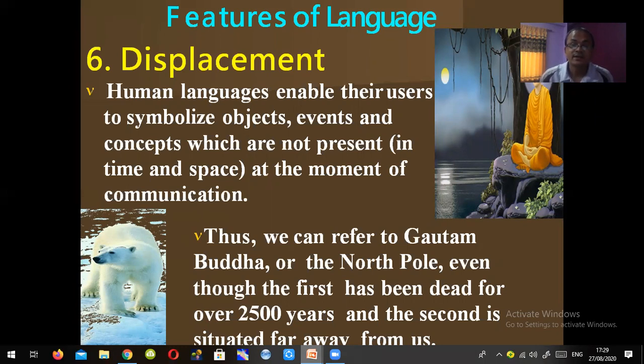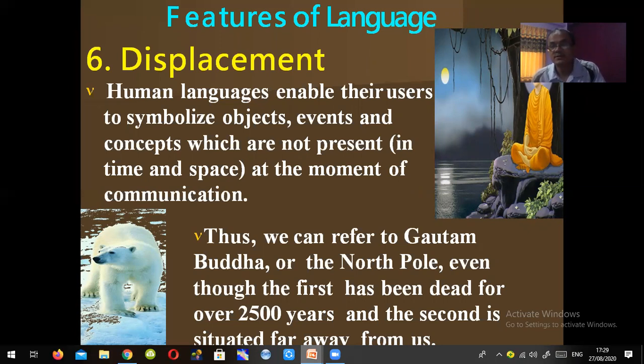That's why it is only human beings who can use language this way. Human language enables its users to symbolize objects, events, and concepts which are not present in time and place at the moment of communication.